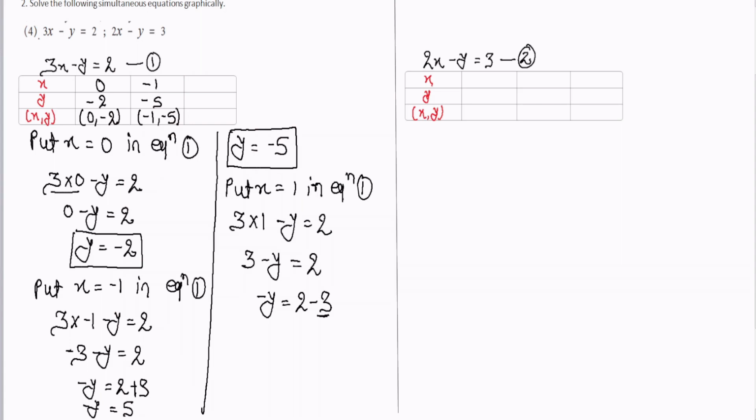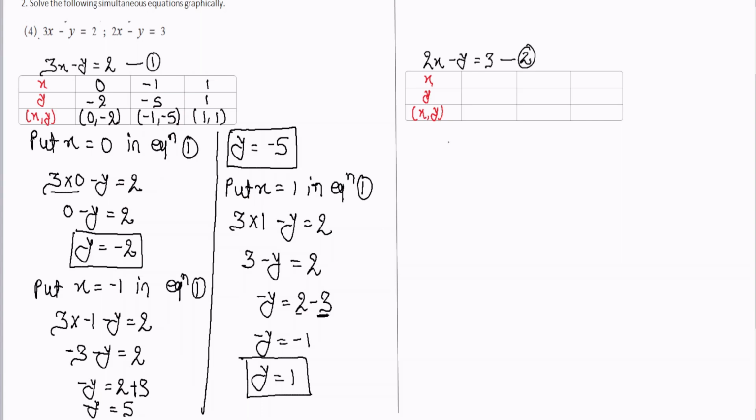So it will become negative on right hand side. Okay. So minus y equals to 2 minus 3, it will be minus 1. So y will be equals to 1. So when x is equals to 1, y is also 1. Solution will be 1 comma 1.